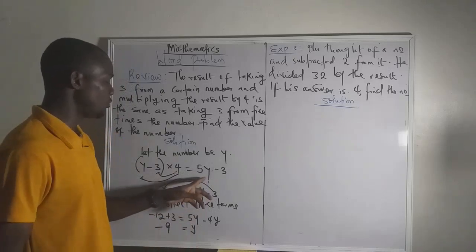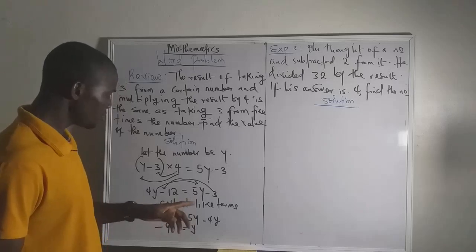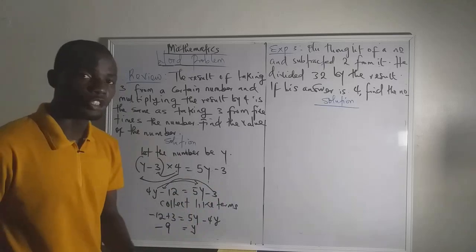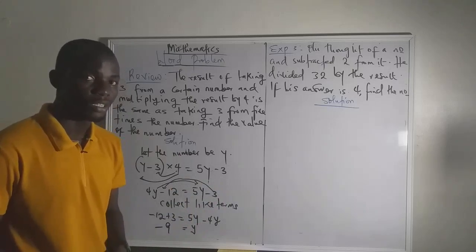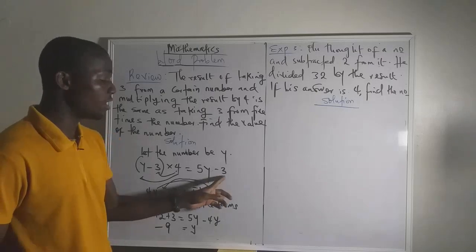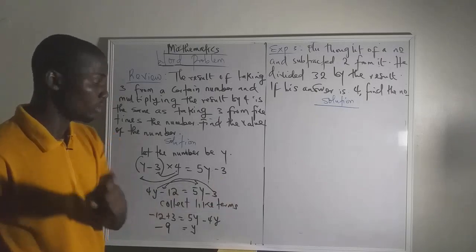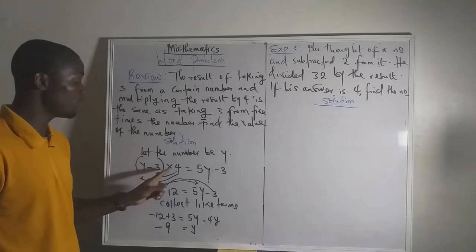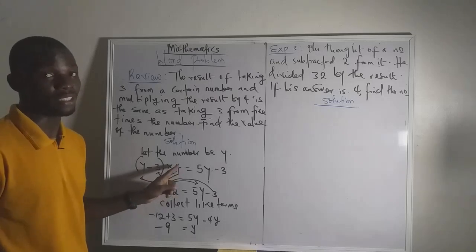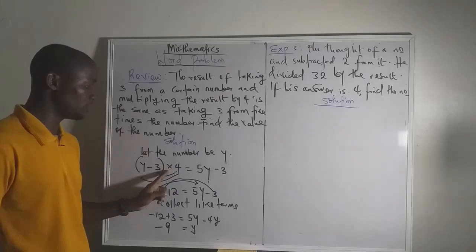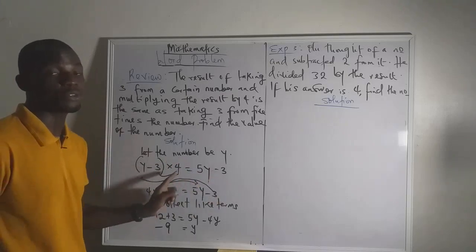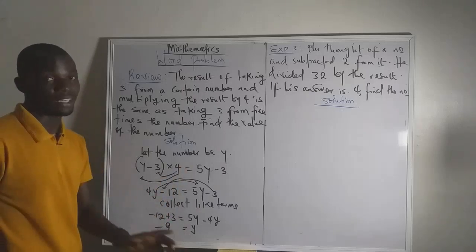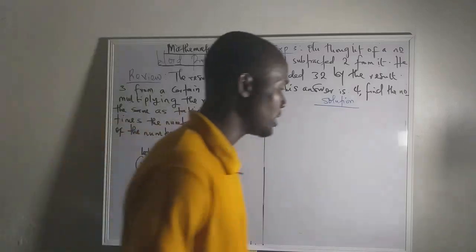Okay, and then if you take away 3 from negative 45, what do you have? You are going to have 48. So here, this is negative 12. Negative 12 times 4 is negative 48. I made a mistake there. So this is negative 48. And since the left hand side equals the right hand side, we confirm that our value of y is correct.